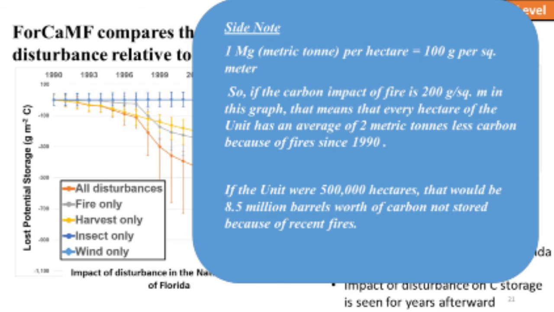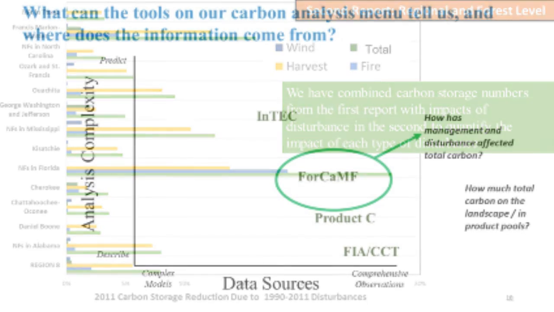So that is 8.5 million barrels of oil that are not being stored on the national forest because of fire or harvest or whichever line you're following. So I'm just trying to give you a crib sheet for turning the numbers that you see in the report into things that your users can relate to.